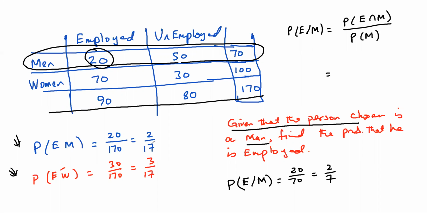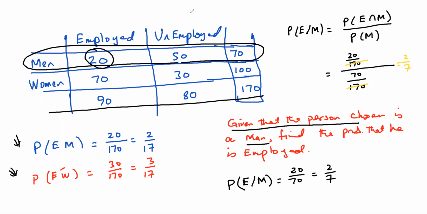That is going to be 2 over 17, or 20 over 170. And what is the probability of picking a person who is a man? That is going to be 70 over 170. Please stop me if you think that something is going to go beyond your imagination. If you simplify this, you still get the same answer, that is 2 over 7.